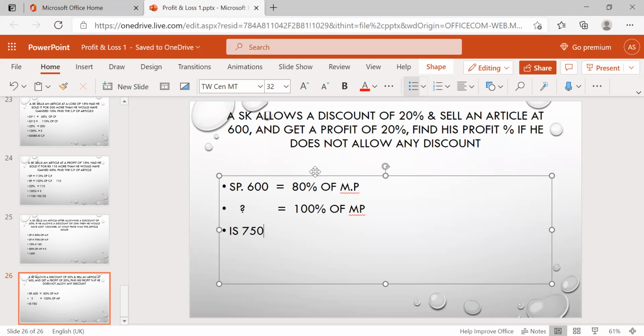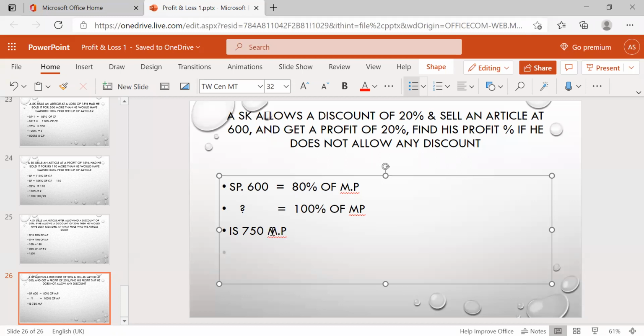Yes, we get 750 rupees, and that is the market price, 750 rupees. But they're asking us to find the profit percentage if the article is sold at 750 rupees. If the article is sold at 750 rupees, what's the profit percentage?